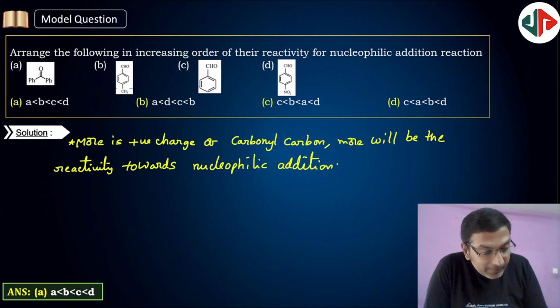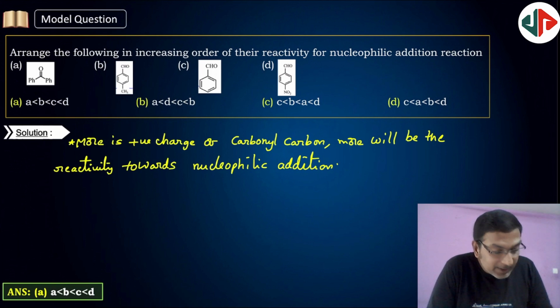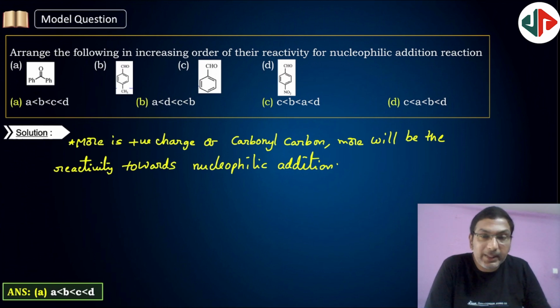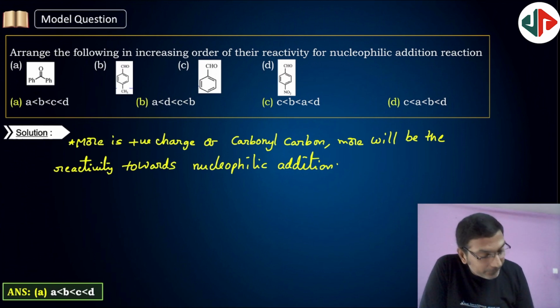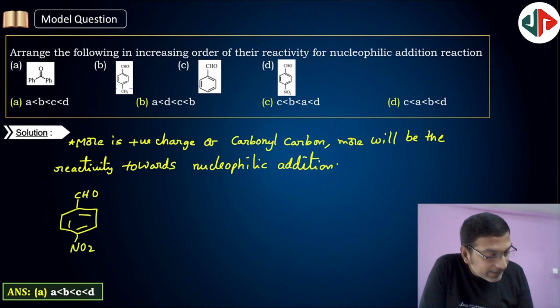So check one by one. In the fourth option, the electron withdrawing nitro group is attached to benzene. Therefore, there will be more positive charge on the carbonyl carbon. That is first. After that, just benzaldehyde, no group is present.